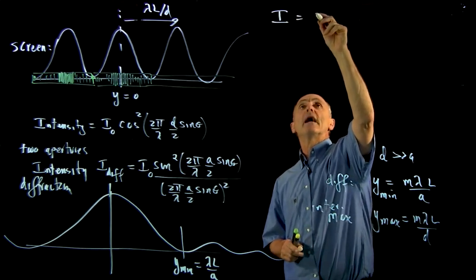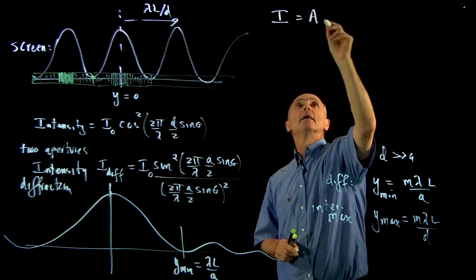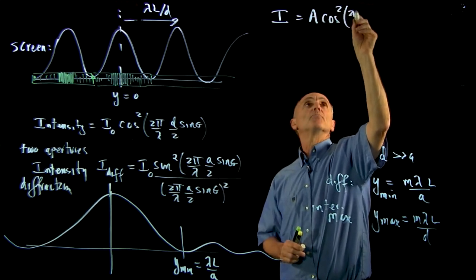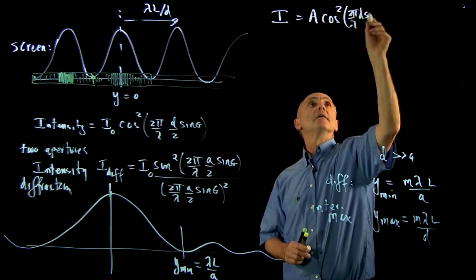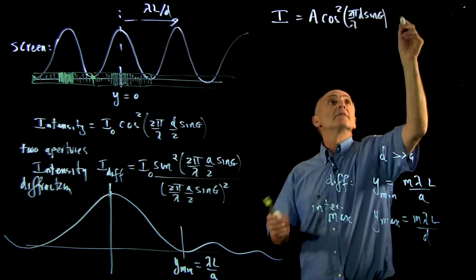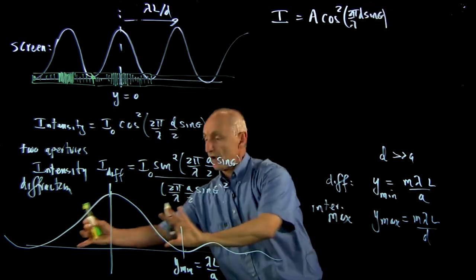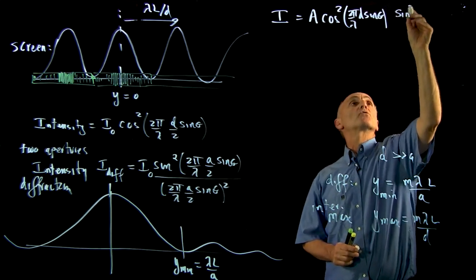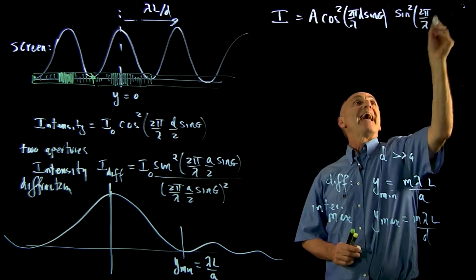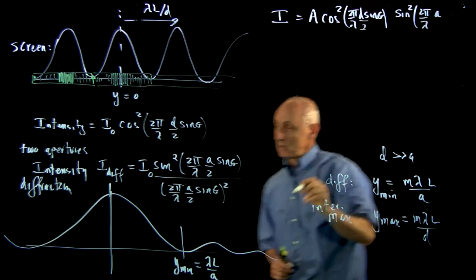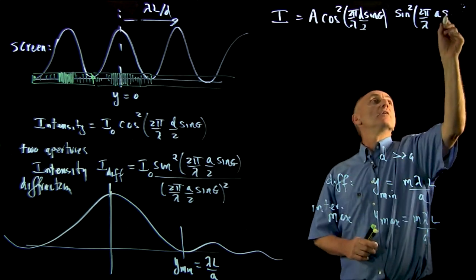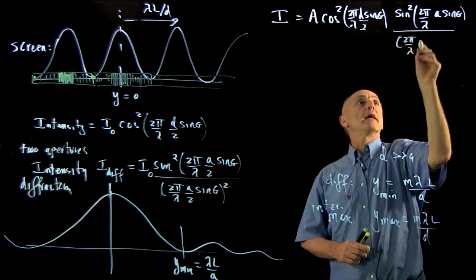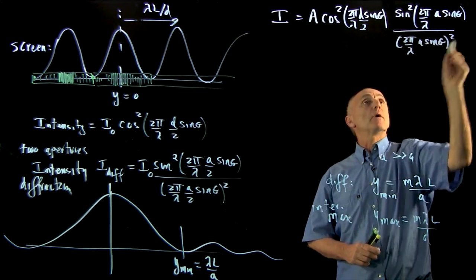And so we would have some coefficient a times cosine squared of the quantity in the parentheses, 2 pi over lambda, d sine theta, times the diffraction envelope, this quantity which was sine squared of 2 pi over lambda, a over 2, sine theta, over 2 pi over lambda, a over 2, sine theta squared.